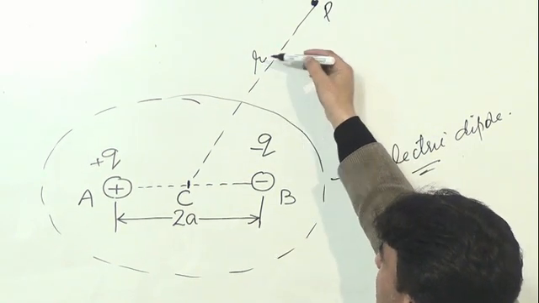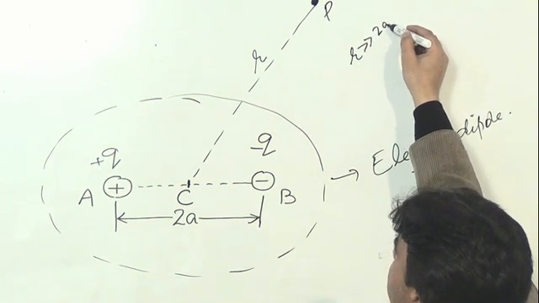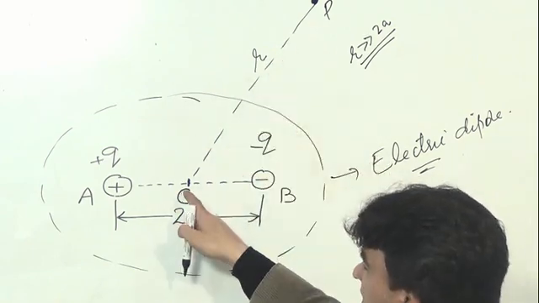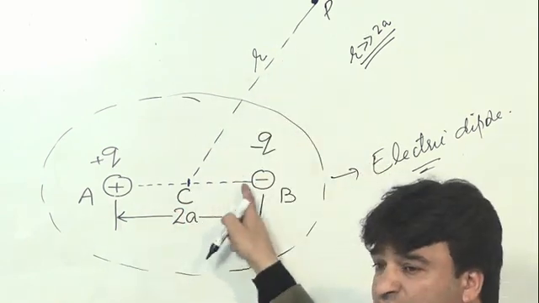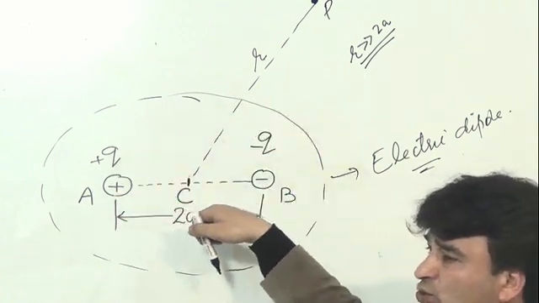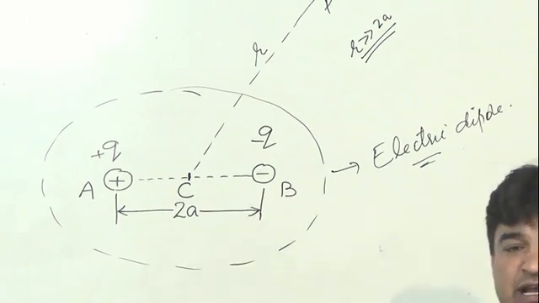From the center of the dipole, if we are interested to find the electric field intensity at P, which is at a distance R, now if R is much greater than the distance between the two charges, then this arrangement of two equal and opposite charges separated by a distance 2a is called an electric dipole.